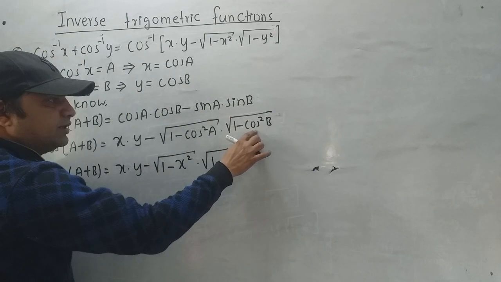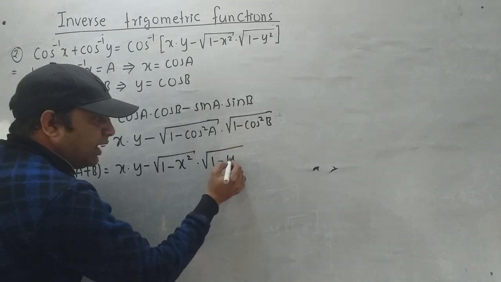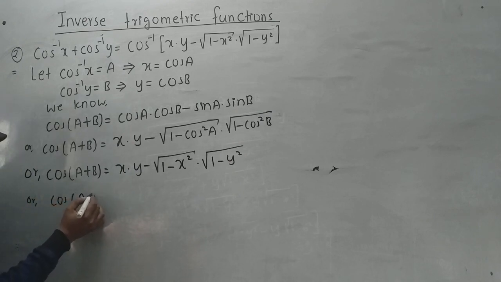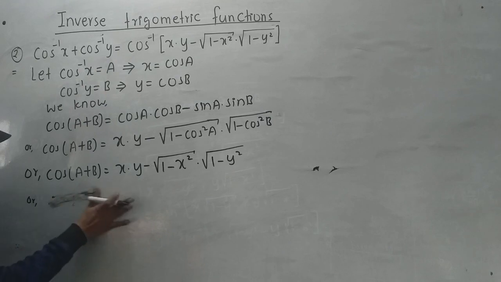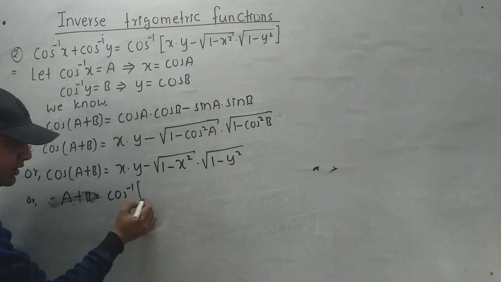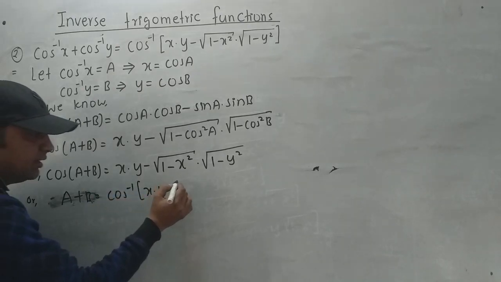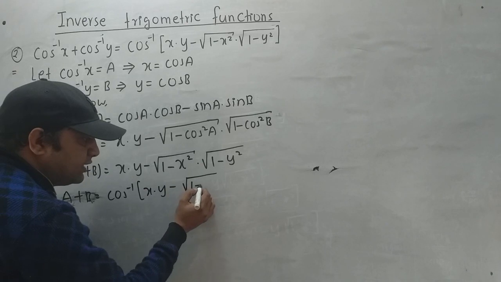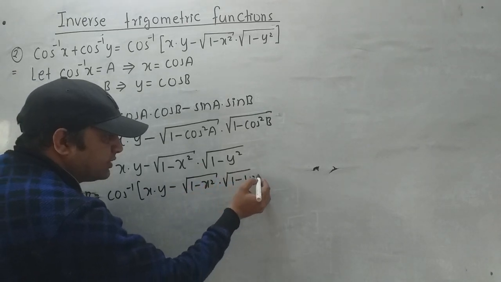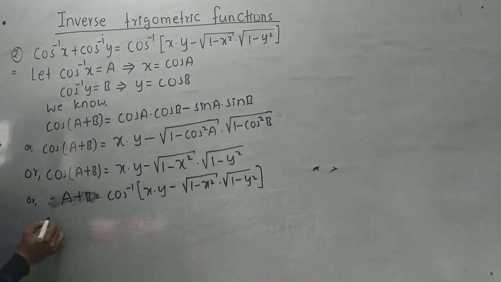So it will be cos square B will be here y square, or cos A plus B, or otherwise here you can write A plus B equals, to the right hand side, cos inverse of x times y minus under root of 1 minus x square times under root of 1 minus y square. So we are near to the final result.